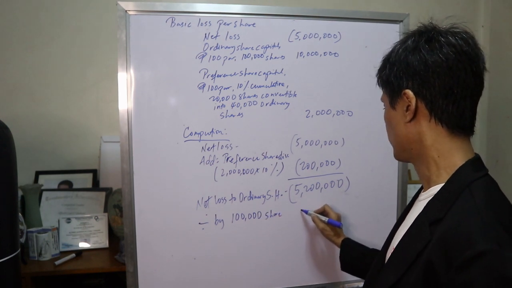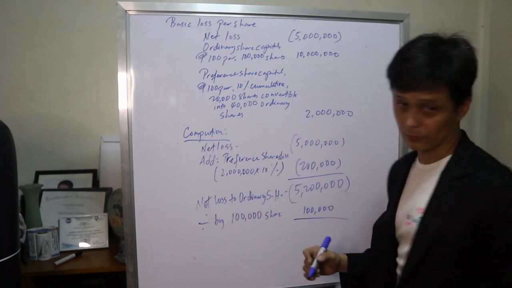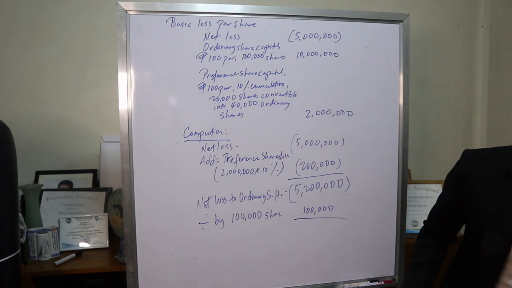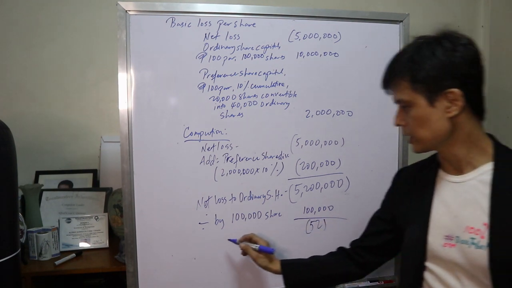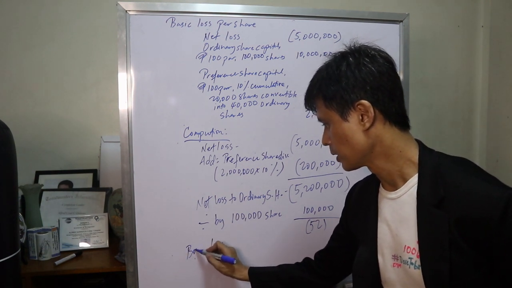Okay, so this would be divided by 100,000. Okay, so magkano ilalabas dyan? So this would be 52. Okay, so 52. This is the loss or basic loss per share.